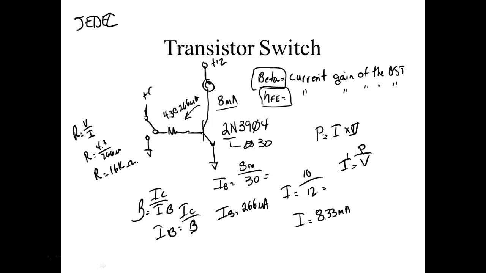So what did you do? Did you round up or round down? Why did you round down? That's right. By the way, this resistor, we always round down. And then we round down to the next standard value.